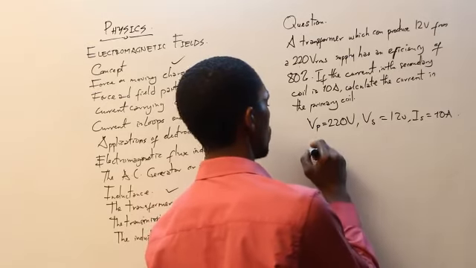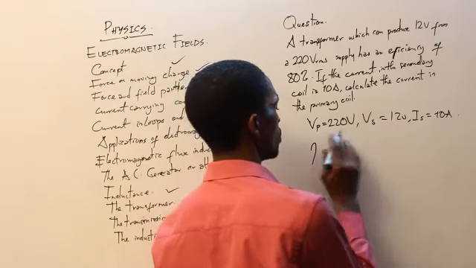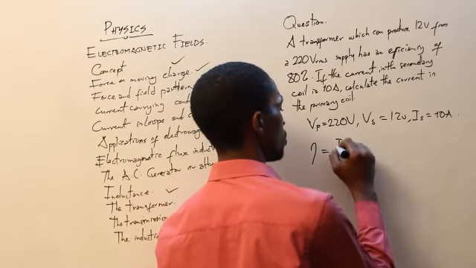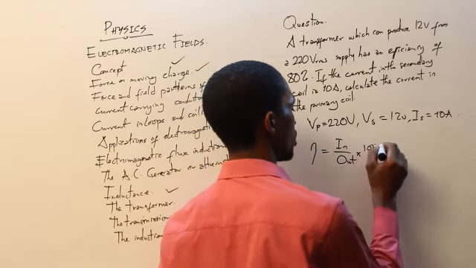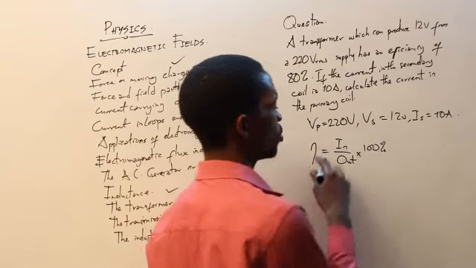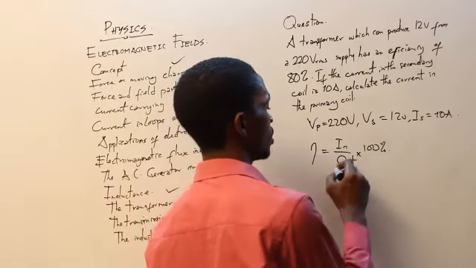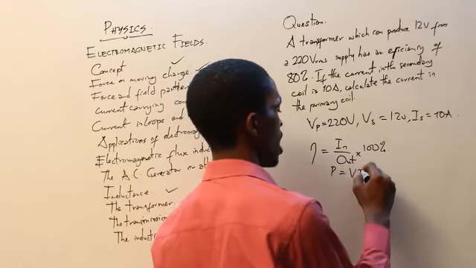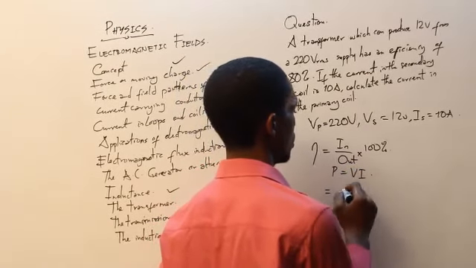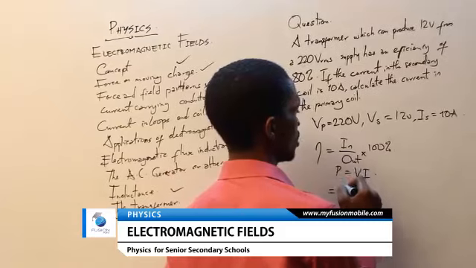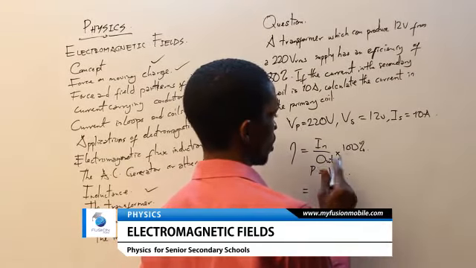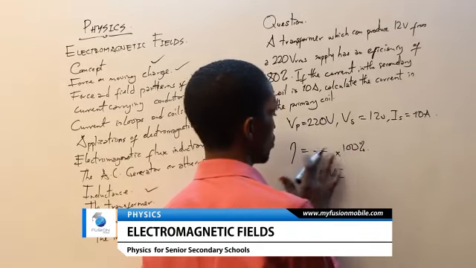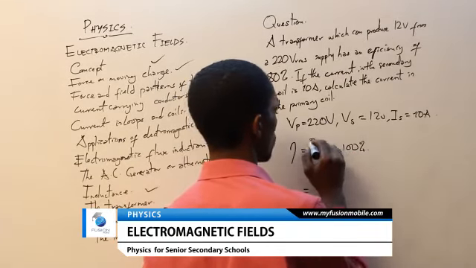that's efficiency of any circuit, would be equal to output over input multiplied by 100%. And power is calculated as VI. So we can say input, that is primary, output over input, rather, not input over output, output over input.